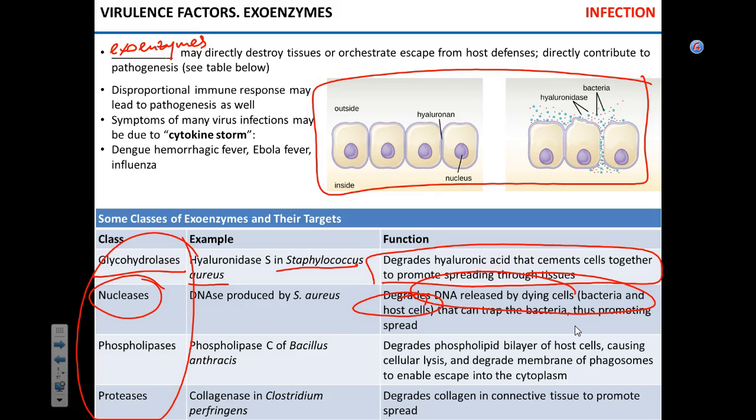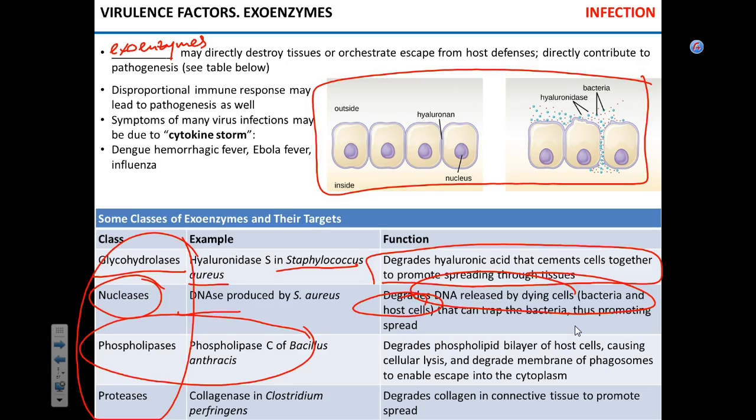It's called a neutrophil extracellular trap, NET. Don't worry, we're going to talk about it when we get to immunology. So the point is, bacteria are getting trapped in those threads of DNA. When bacteria produce such nuclease, it helps to get rid of those traps. Make sense?